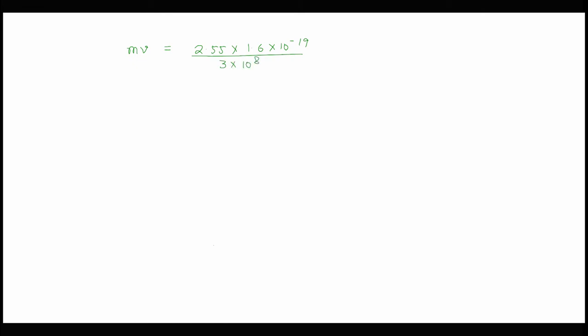So from here we can calculate the recoil velocity as 2.55 into 1.6 into 10 to the power minus 19, divided by the mass, which we are putting as 1.67 into 10 to the power minus 27, multiplied by 3 into 10 to the power 8. So from here we obtain the value of recoil velocity as 0.814 meter per second.